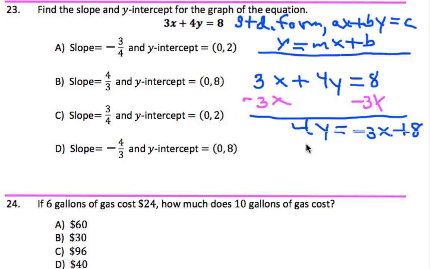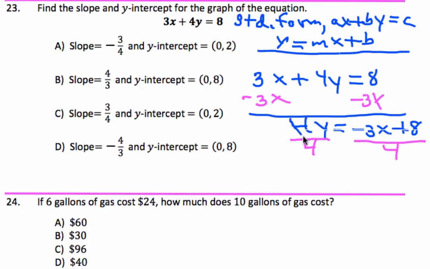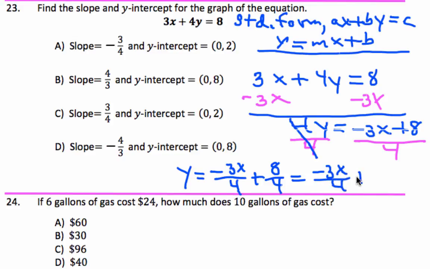And we'll finish up here by dividing both sides by 4. So the y's cancel out, and you're left with y equals negative 3x over 4 plus 8 over 4. So that equals negative 3x over 4 plus 8 over 4.